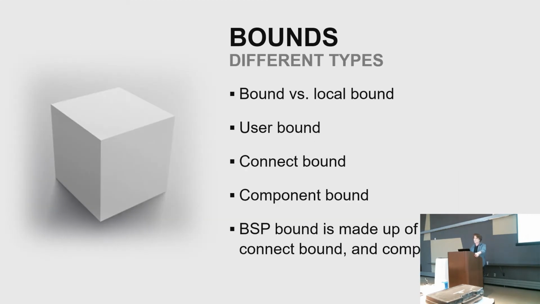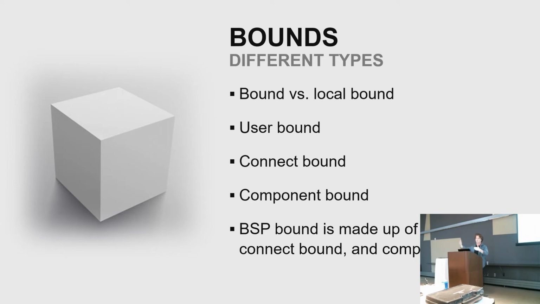There are different types of bounds that you can leverage. We have local bounds as well as just bounds. We have user bounds, connect bounds, component bounds. And then I want to include this just so you're aware. The BSP bound that it is using to calculate these things is basically concatenating the bound, the connect bound, and the component bound, and saying, all of you together, what is your bound?